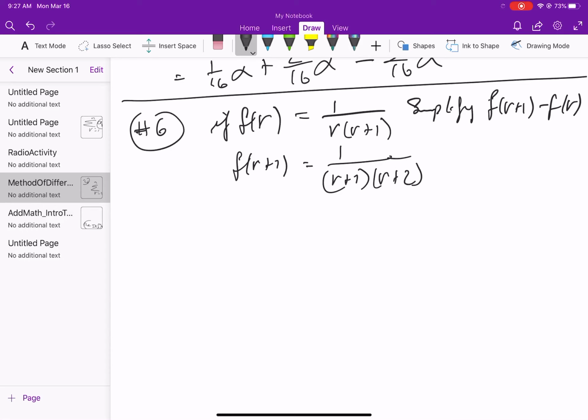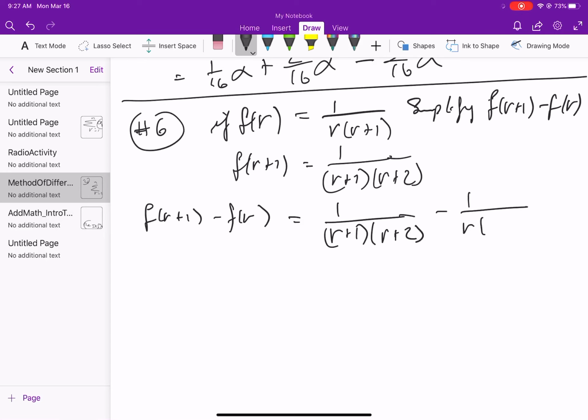And f of r plus 1 minus f of r can be written as 1 upon r plus 1 times r plus 2 minus 1 upon r into r plus 1.